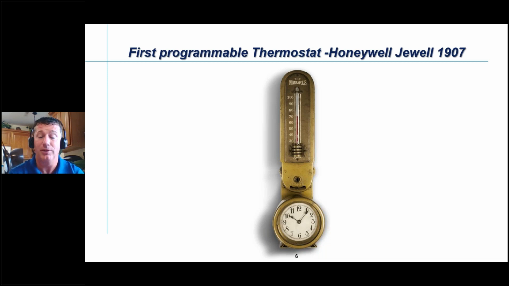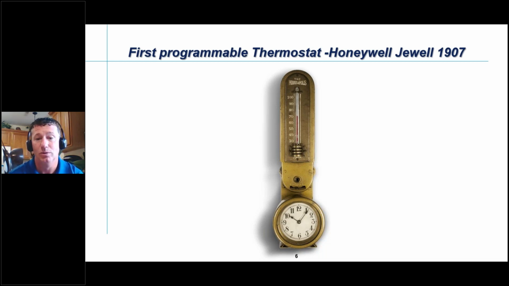So when we talk about programmable thermostats today, we think programmable thermostat came around within the last 20 or 30 years. Not at all. The very first programmable thermostat was actually developed and patented in 1907 and was extremely popular for about 20 years. The only thing that actually slowed down its production was the fact that it was made out of solid brass.